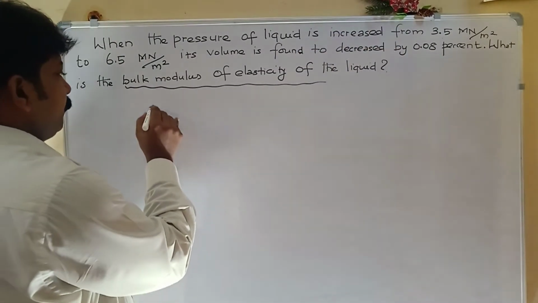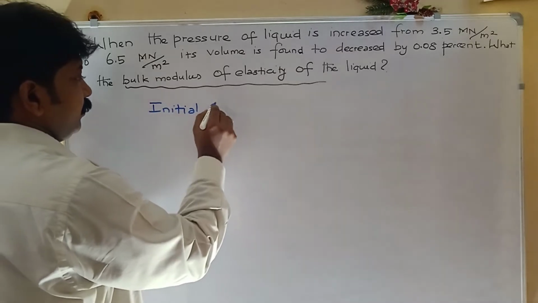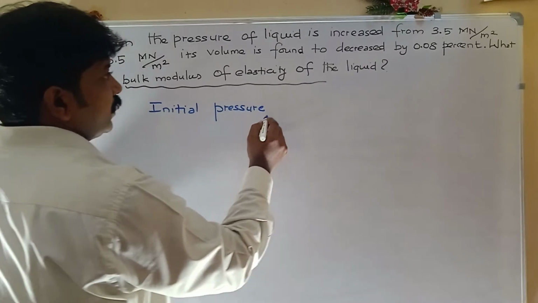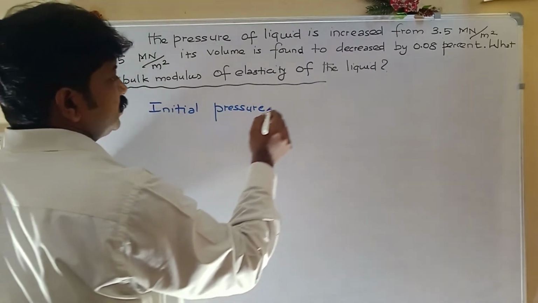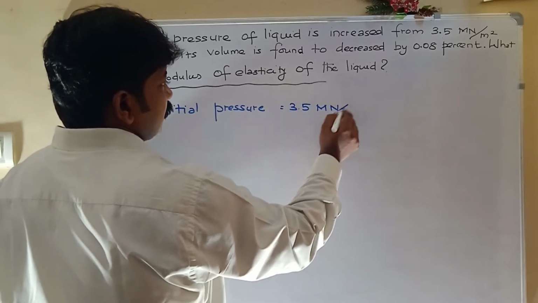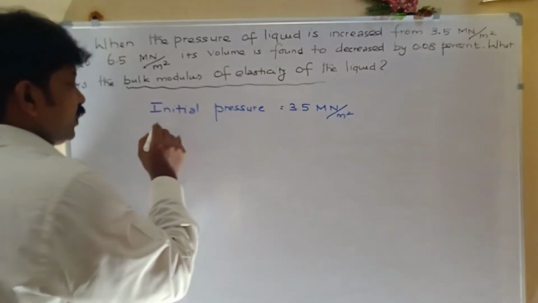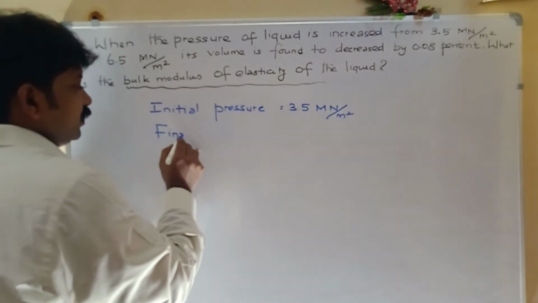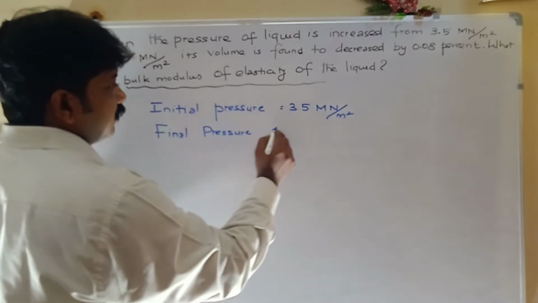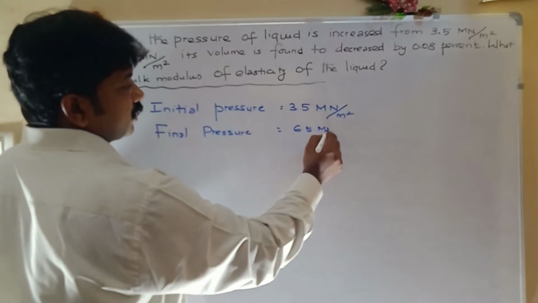First write the given data. Initial pressure of the liquid equals 3.5 meganewton per meter square. The final pressure equals 6.5 meganewton per meter square.